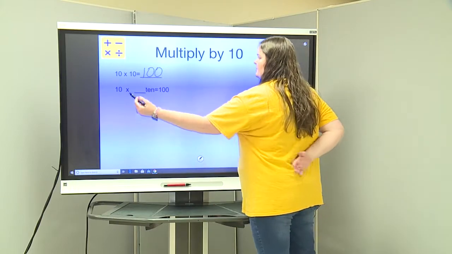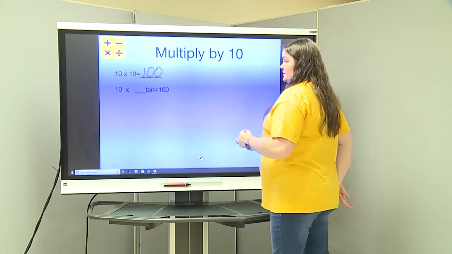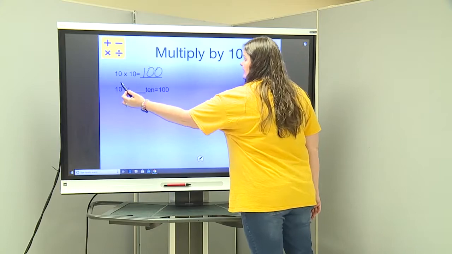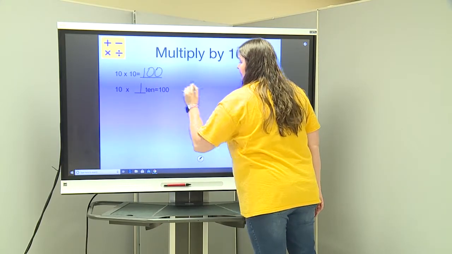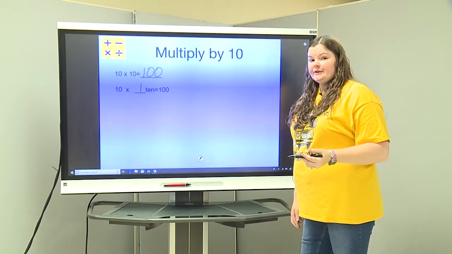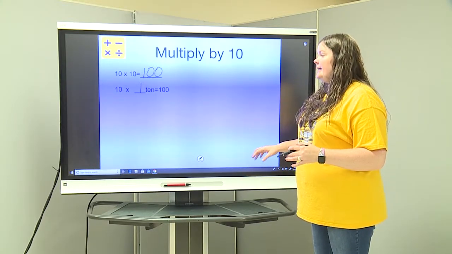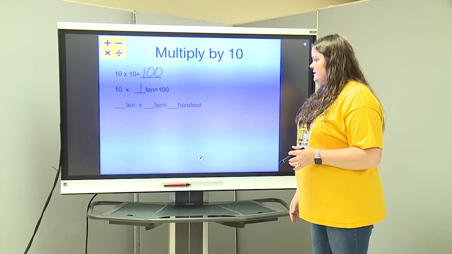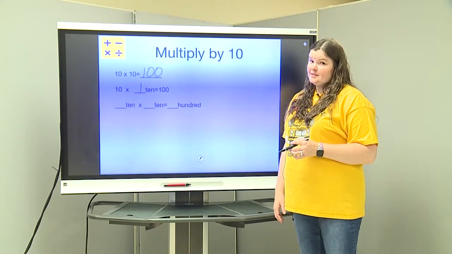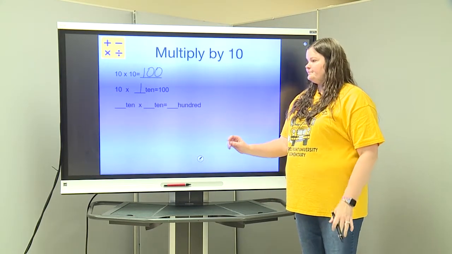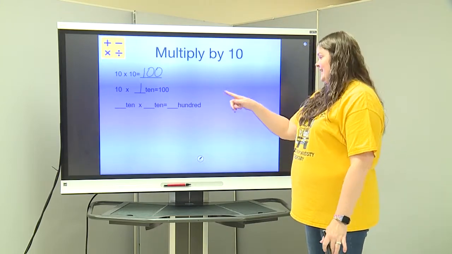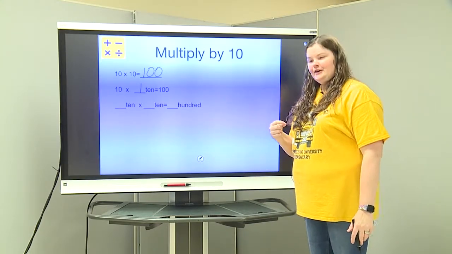So let's go back to that original problem. 10 times 10 equals 100. This one, 10 times 1 ten equals 100. It's still saying 10 times 10, but it's just looking at it in a little bit different way. It's in that unit form. All right, now this one is all unit form. 1 ten times 1 ten equals 1 hundred.